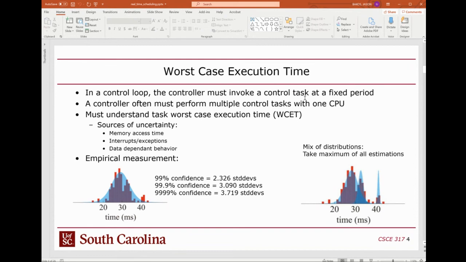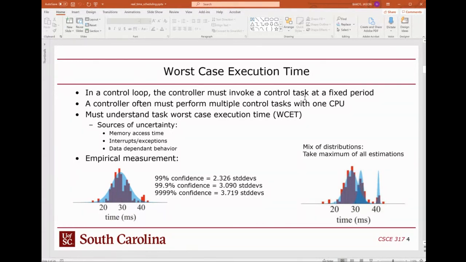So one way you can approach this problem is you can figure out confidence intervals. For example, if you take the standard deviation of a normal distribution and multiply it by 2.326, going up from the mean, that will give you a 99% confidence interval that all of the samples will fall within that range, basically plus or minus 2.326 standard deviations from the mean.